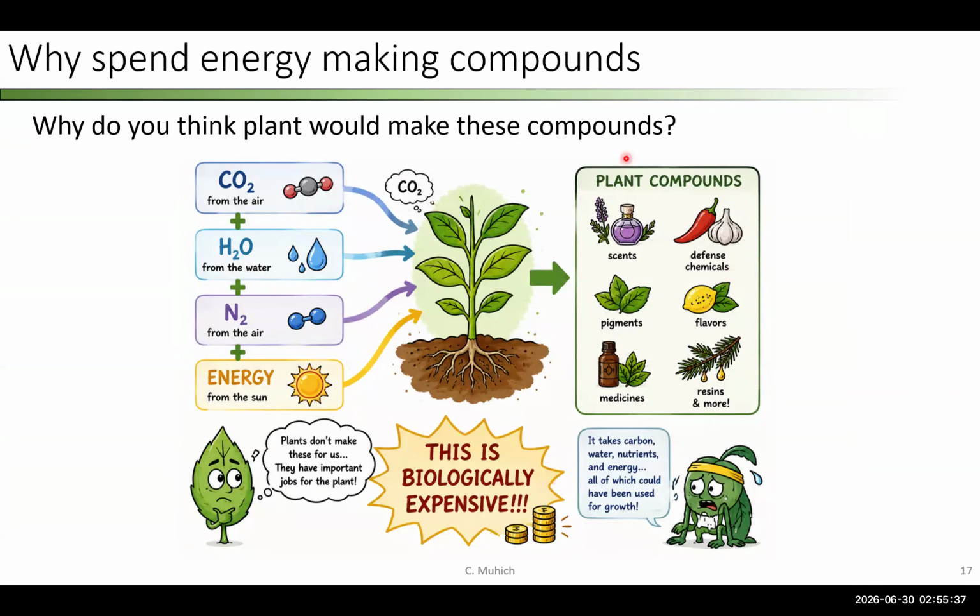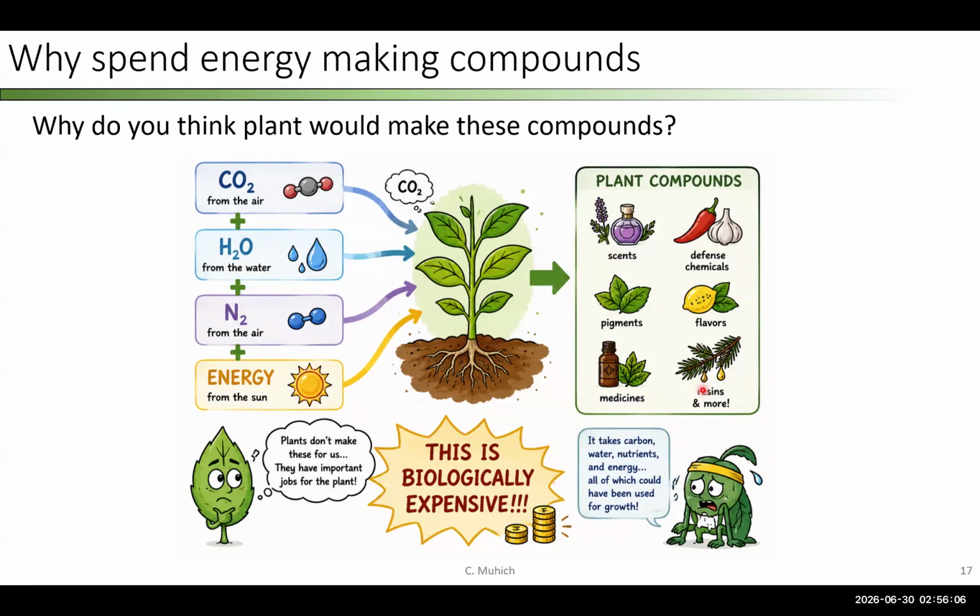I mean, if we think from a very basic biology, what a plant does is it takes in CO2, water, nitrogen, and sunlight, and it converts that into compounds that it can use. So this is things like sugar, proteins, and the compounds that we've sort of been talking about, these scents, pigments, etc. Right.